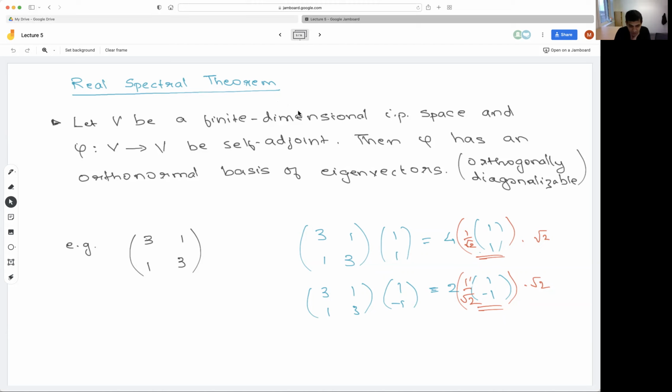Any questions? Does it still have an orthonormal basis if I change the inner product definition? Yes, as long as the matrix is still self-adjoint under that definition. Whether something is self-adjoint or not depends on the inner product. So as long as the inner product is one under which it is self-adjoint, yes, it still has an orthonormal basis, which is orthonormal also under your new inner product.